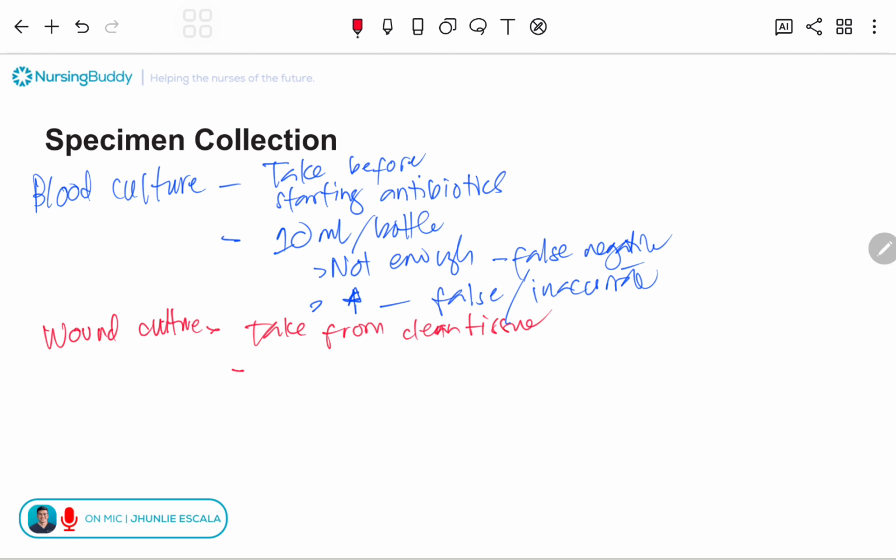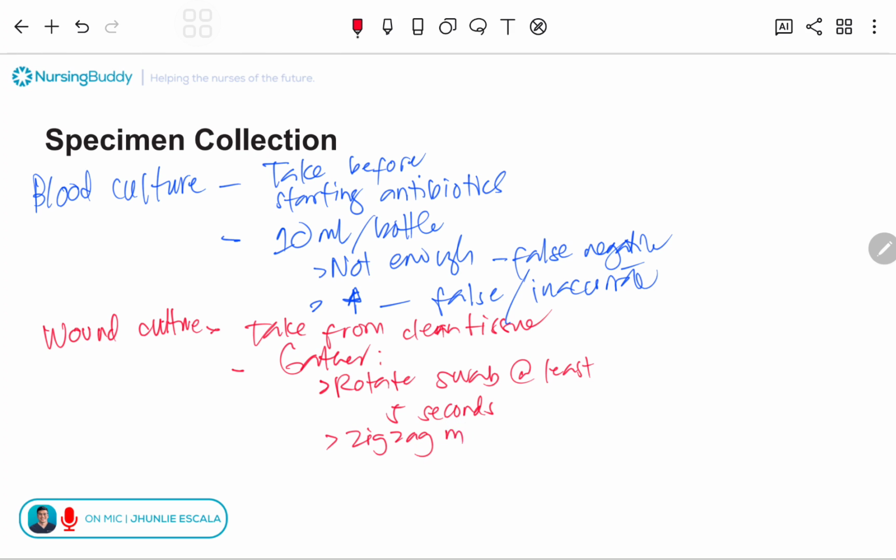We gather the samples coming from the wound by first rotating, rotate swab for at least how many seconds, kapatid? At least 5 seconds. Tandaan po natin yan. And what technique do we use? We use po zigzag method. That's for your wound culture.